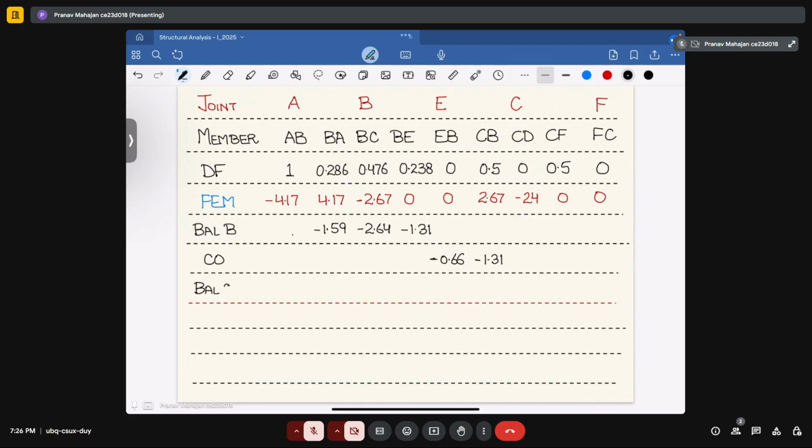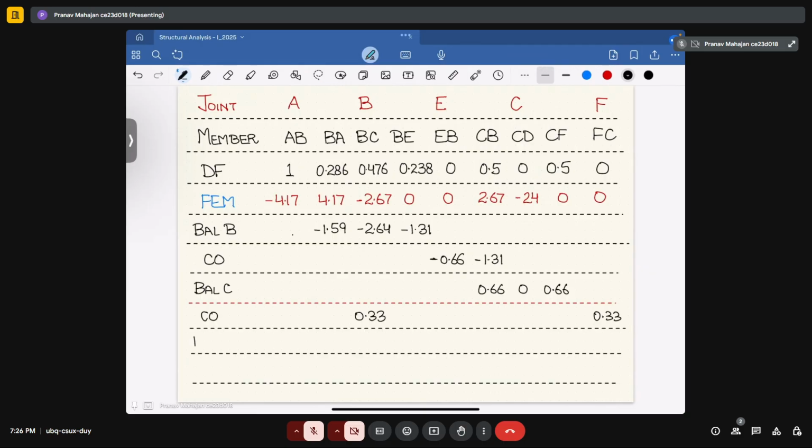So if we balance the section C, it will become 0.66, 0 and 0.66, and their carryover will go again in the cyclic manner as 0.33 and 0.33 in BC. So 0.33 will come in BC also.